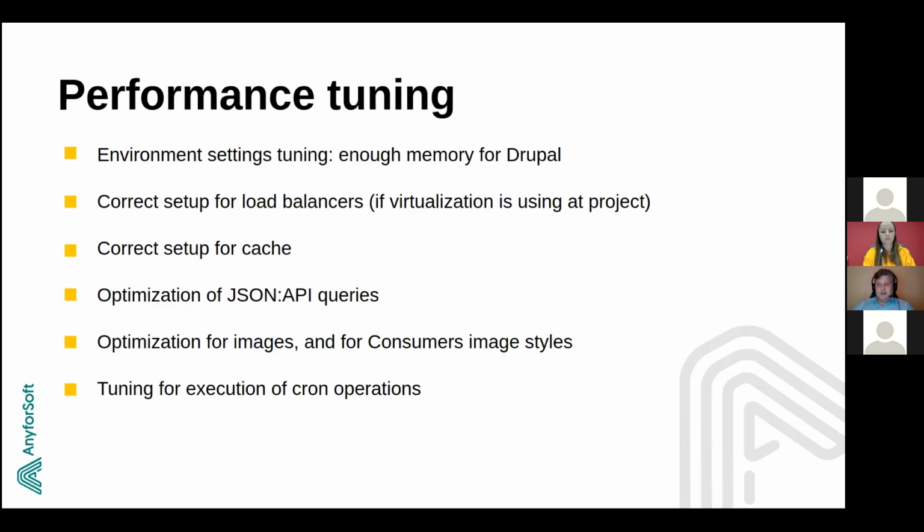We should pay attention that we need to provide enough memory for Drupal, because as you know, for example, if we are building a solution using JSON API, it's using queries to entities, and when these queries are not being cached, it can use a lot of memory, especially at the Drupal level. So the first thing is that we need to provide enough memory for our application.